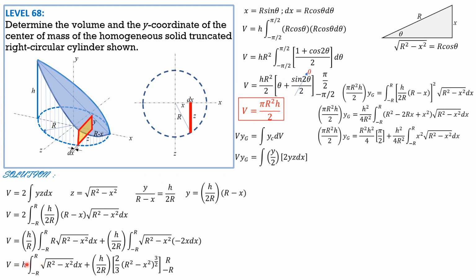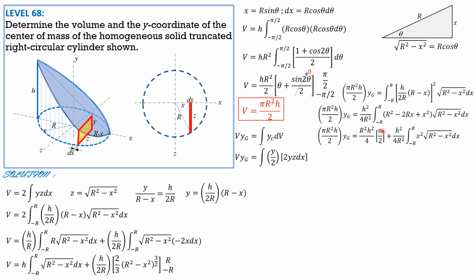And h is constant. So if we compare, that means the result of integral of r squared, square root of r squared minus x squared dx would be pi r squared over 2, which is this, pi r squared over 2. And h squared over 4, because we cancel r squared, is this.